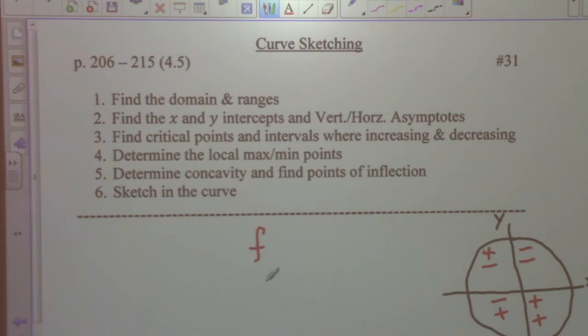I'm going to write F prime, F double prime right here, and here we're going to put plus, minus, increasing, decreasing, concave up, concave down, and immediately below that on the F prime row, plus, minus, increasing, decreasing, and then right below that, plus, minus. Okay, now what do you see?